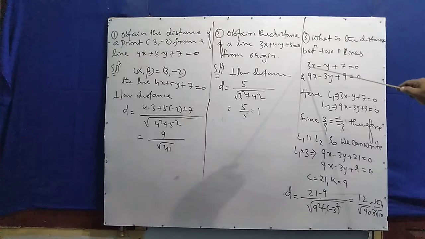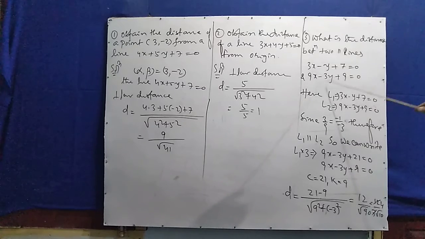Since 3 by 9 equals 1 by 3, and the coefficients minus 1 by minus 3 is also 1 by 3, so 3 by 9 is equal to minus 1 by minus 3. Therefore these two lines are parallel. If parallel, then you apply this formula, otherwise you can't apply this formula. Both ratios are equal, so these two lines are parallel to each other.